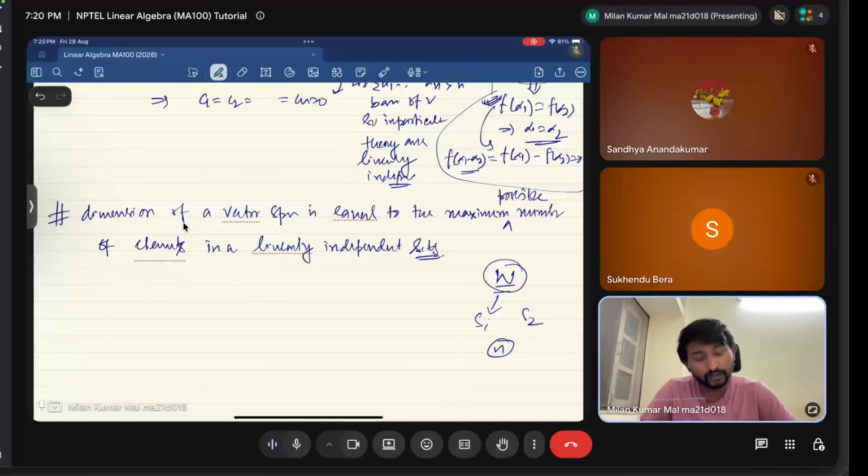That means if we choose such two sets S1, S2 for which we have n linearly independent vectors, in that situation both of them will be a basis of the vector space.